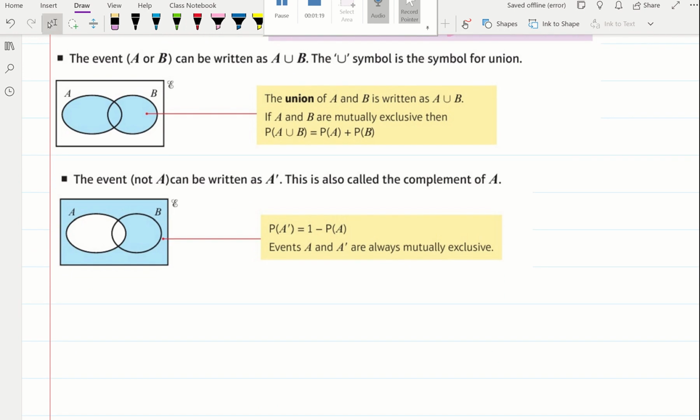The events A or B can be written using the symbol for the union.